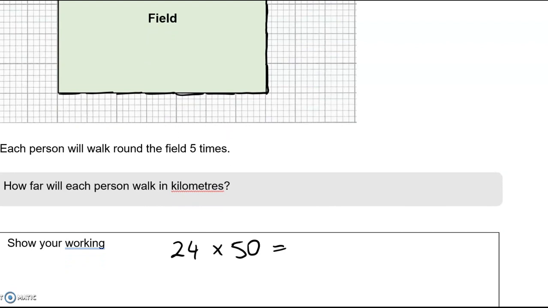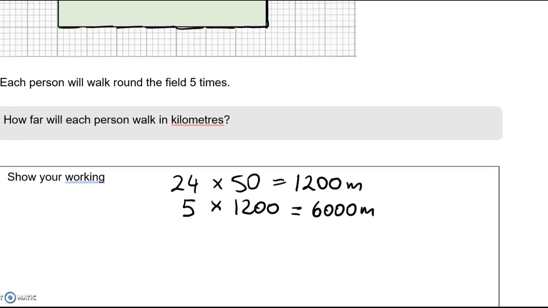So that is 1,200 meters going around just one time. But each person will go around 5 times. So 5 times 1,200. That is 6,000 meters.